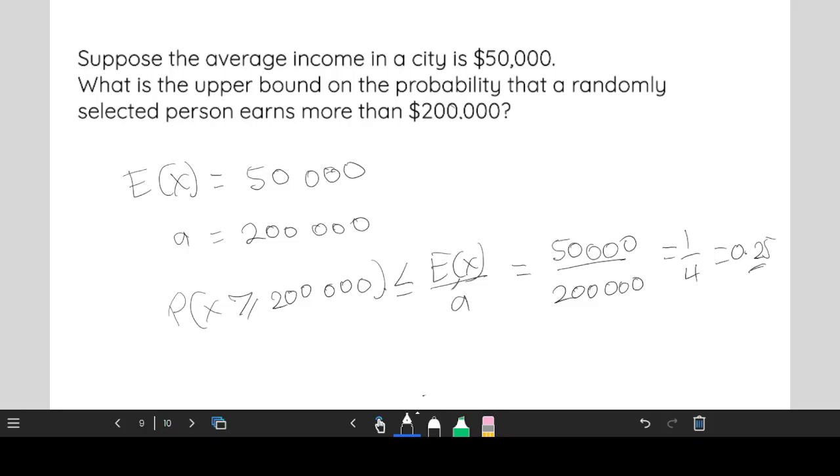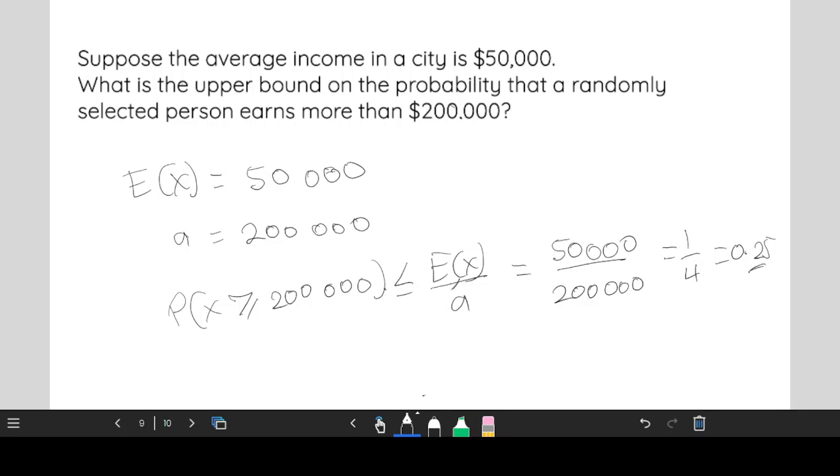So, applying the Markov inequality, we can say that no more than 25% of the people can earn above 200,000, regardless of how income is distributed, as long as it's non-negative.